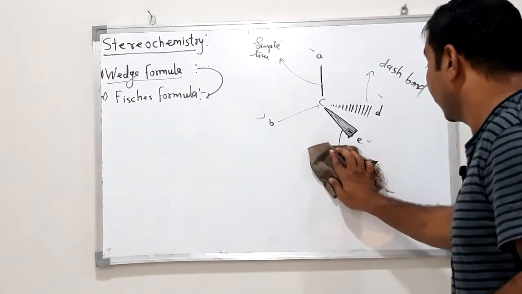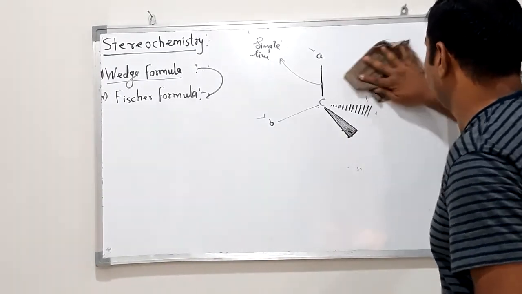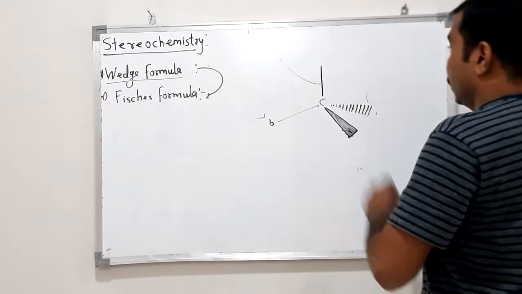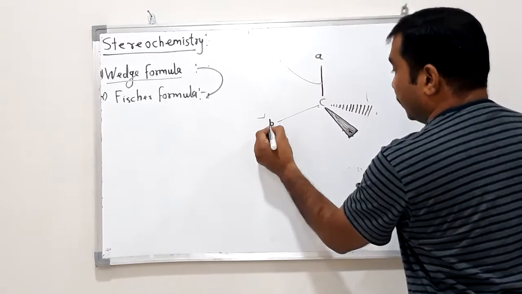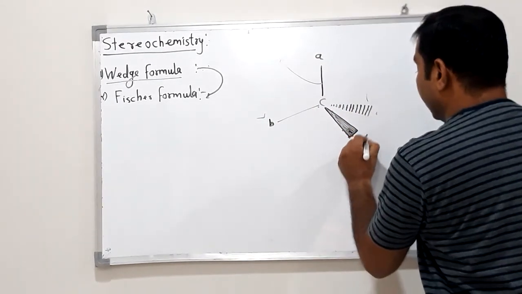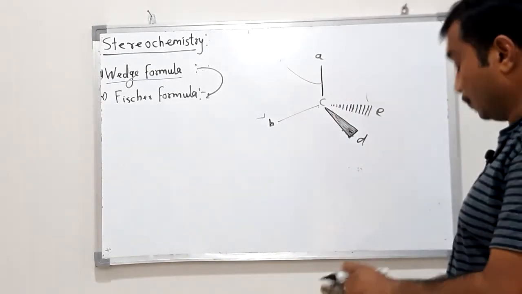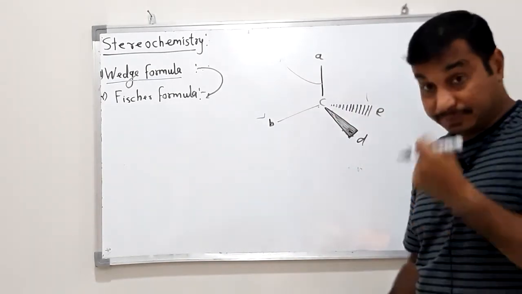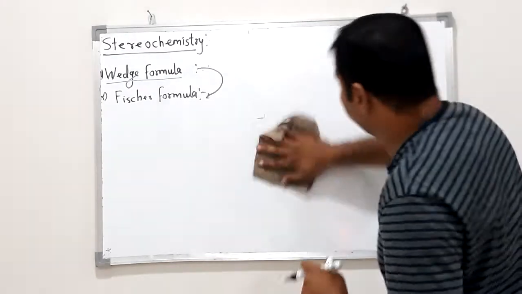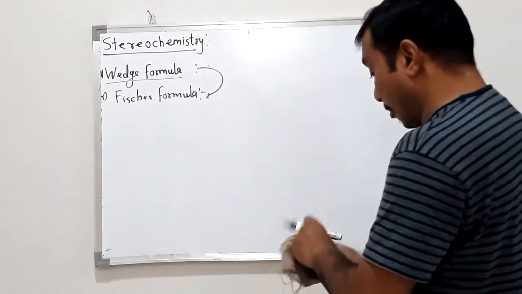See, these are A, B, D, E. Remember, I will take one specific example.